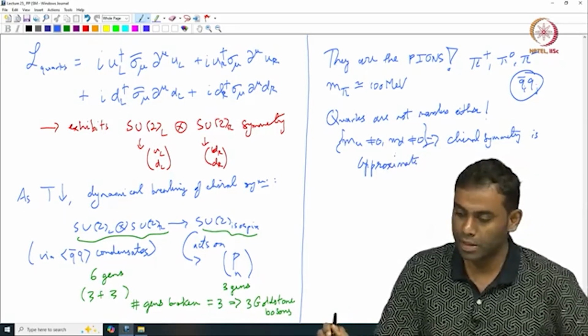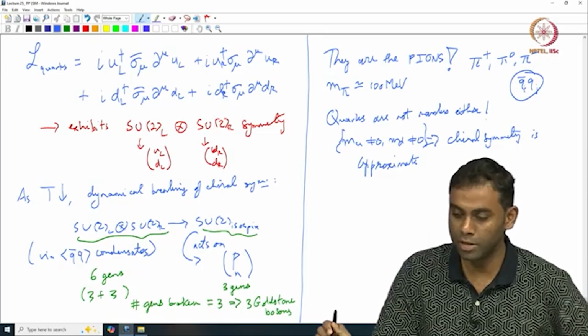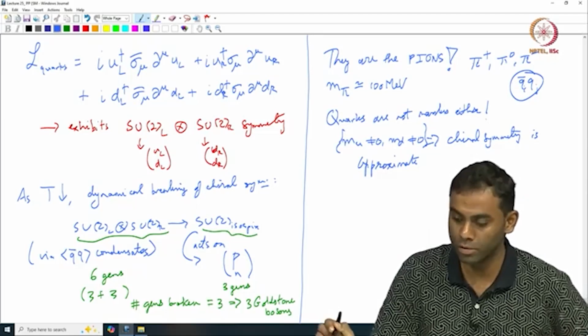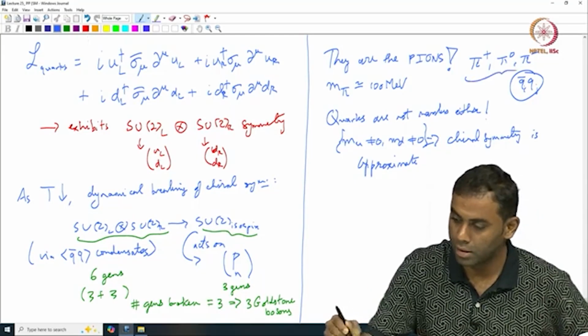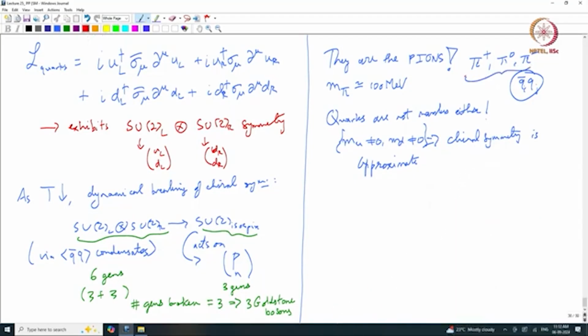Okay. So when you break an approximate symmetry, you are not going to get an exact Goldstone boson. What you are going to end up with is what are known as pseudo Goldstone bosons.